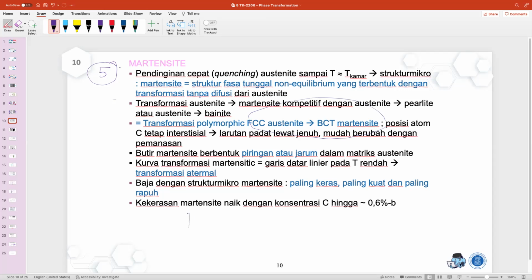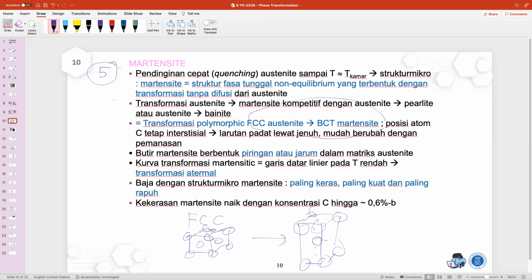So from FCC austenite, like FCC, it will become body-centered tetragonal. It is called a thermal transformation, and the microstructure of martensite is the strongest, the hardest, and very, very brittle.